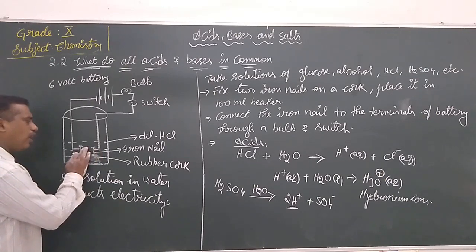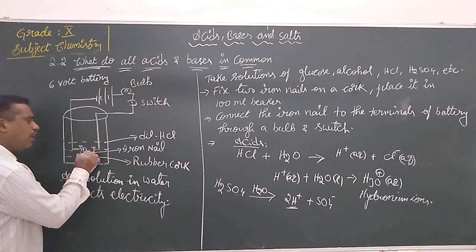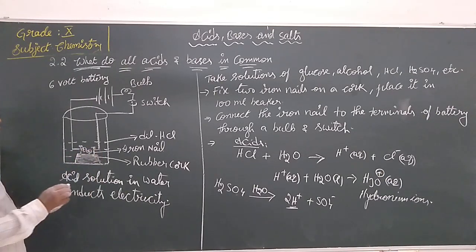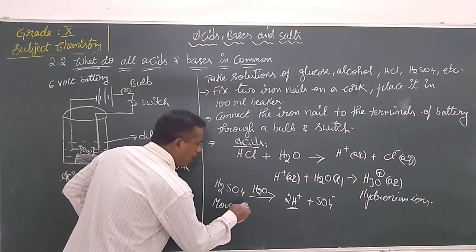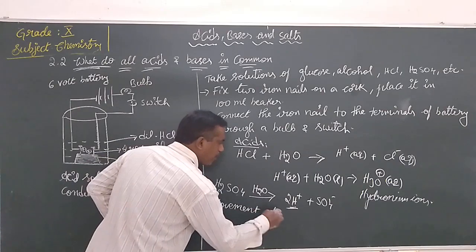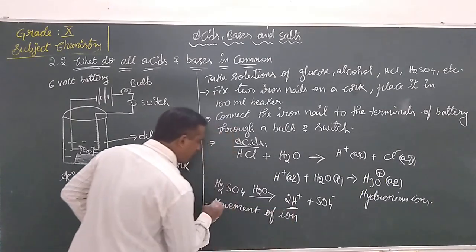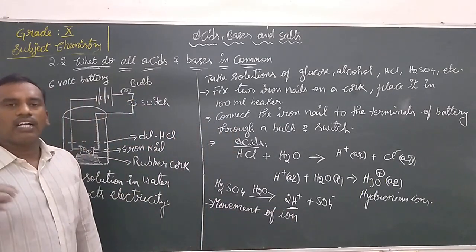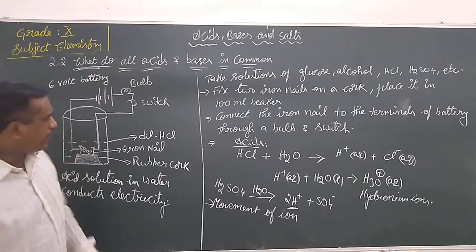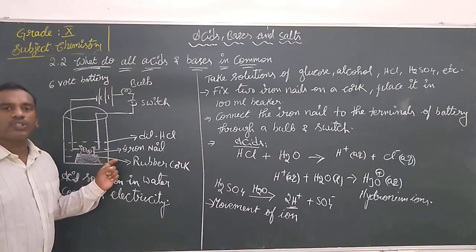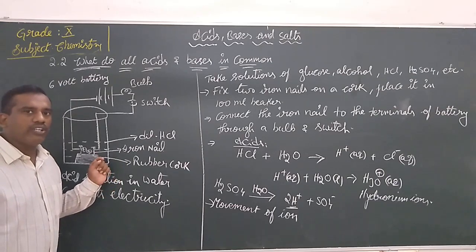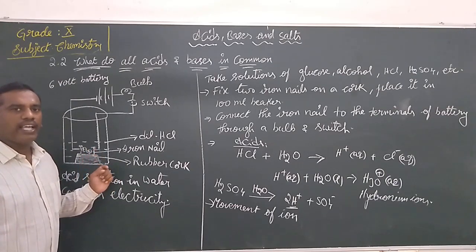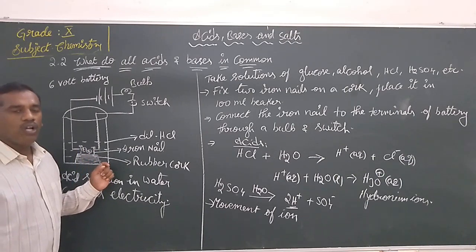When the ions are moving, the charge will be carried from one place to another, the circuit will be completed, and the bulb will glow.